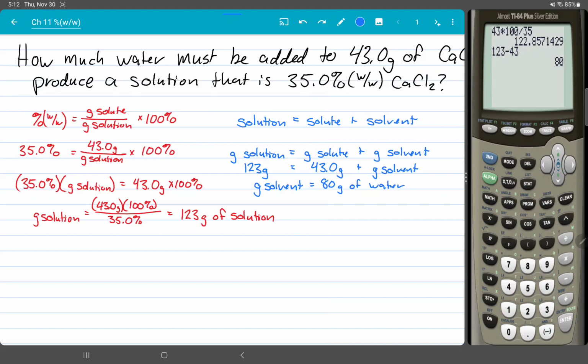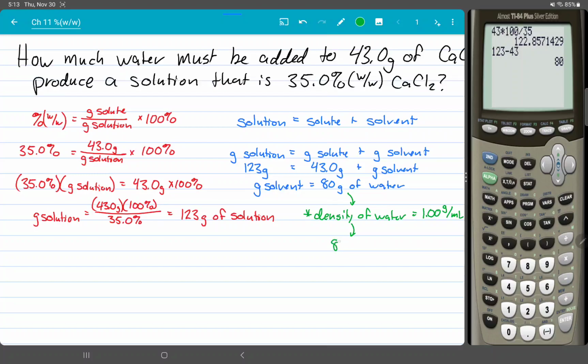But if it said what volume of water, if we remember that the density of water is equal to 1.00 grams per milliliter. So however many grams you have is going to be how many milliliters you have.